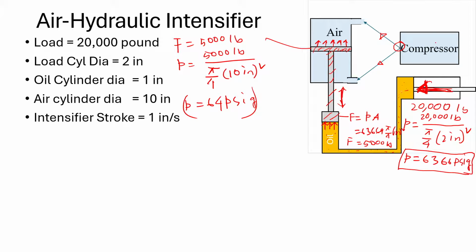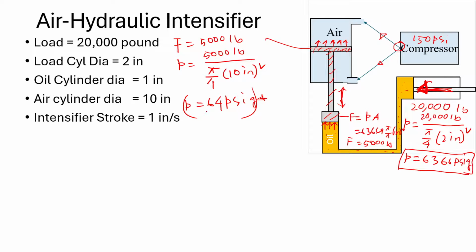Now, any residential compressor is actually rated at about 150 psi gauge. Like I said before, a residential compressor can easily run this 20,000 pounds. It can actually run almost twice more, almost 40,000 pounds, because only 64 psi gauge is needed for these 20,000 pounds.